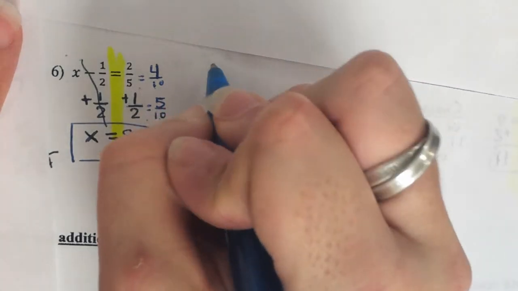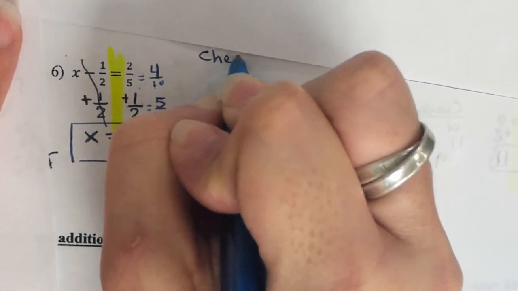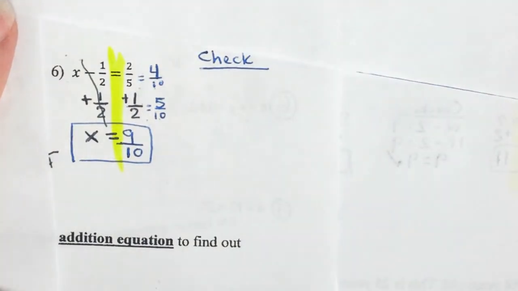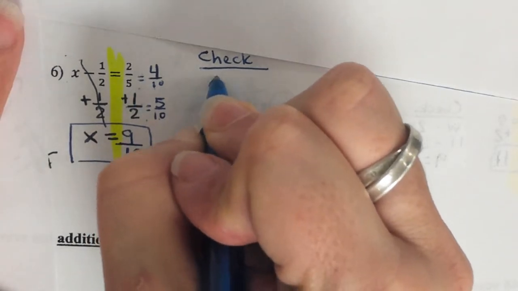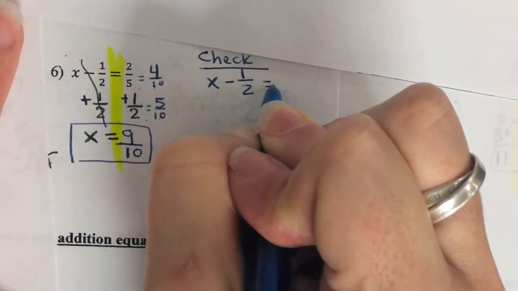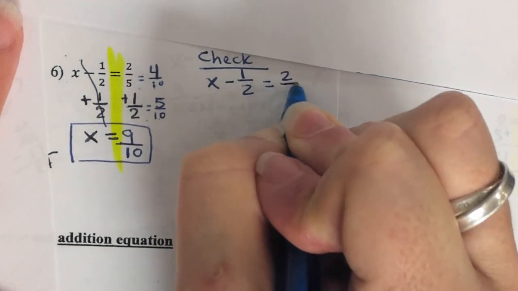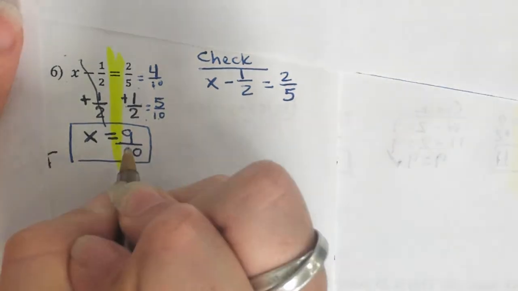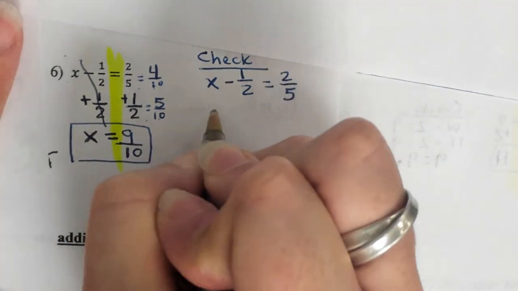Okay, now on the checking side. Copy the problem. Okay, step 2, fill in X. Here I said X was 9 tenths.